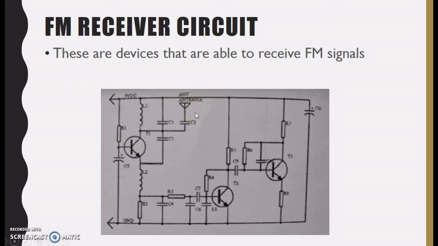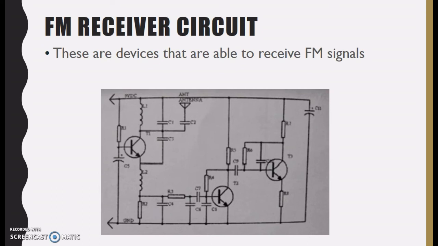Next is the tuner. It is a circuit that can extract signals of a particular frequency from a mix of signals of different frequencies. The detector is responsible for separating the audio information from the carrier wave.